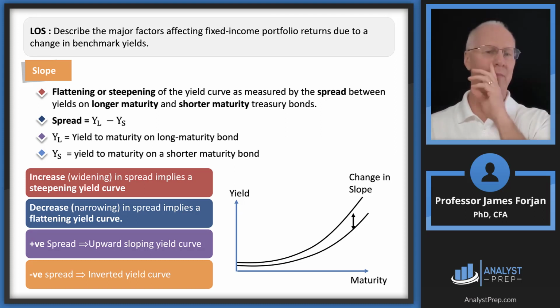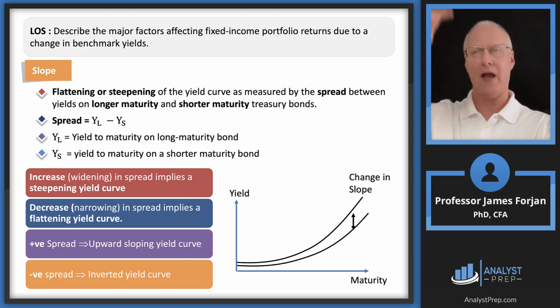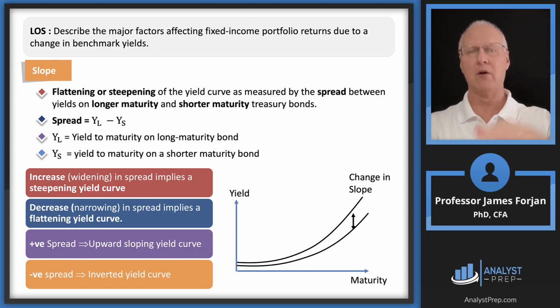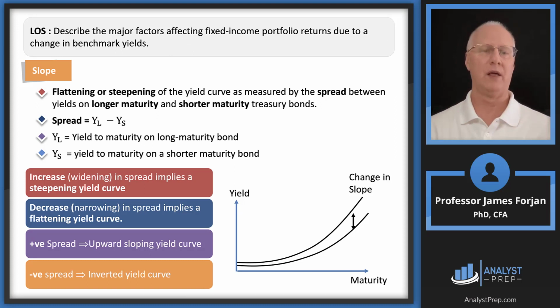And so that's what we have in the boxes there on the left-hand side. Notice that a widening of the spread probably results in a steepening yield curve, and that's probably going to occur at the longer-term maturities, right? If that widens, well, then it's going to be steeper. And if it's going to become more flat or more narrow, then we probably have the opposite type of event that occurs in the short term.